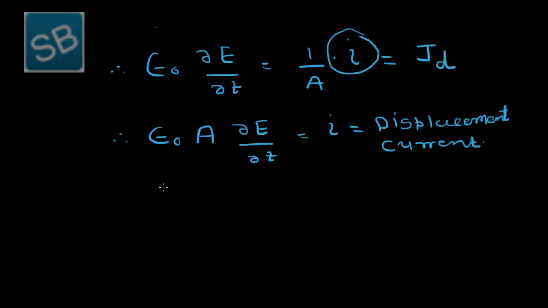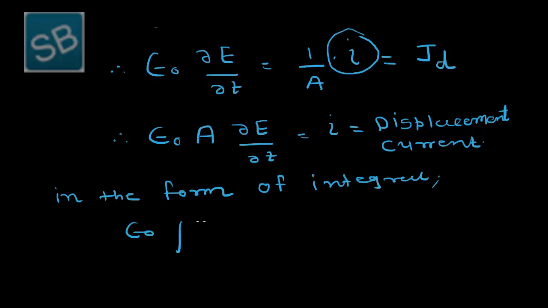Now, in the form of an integral, I can write down this equation: epsilon 0 integration of delta E. Now see, this current is flowing in a particular direction, and this electric field also has a particular direction, and hence I am writing all these quantities in vector notation.